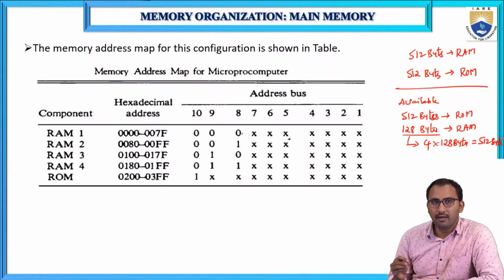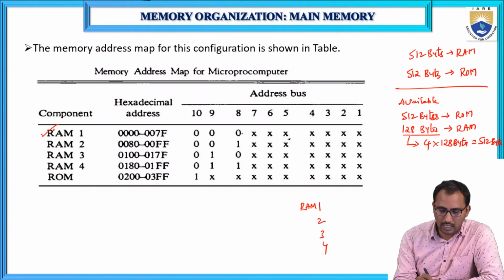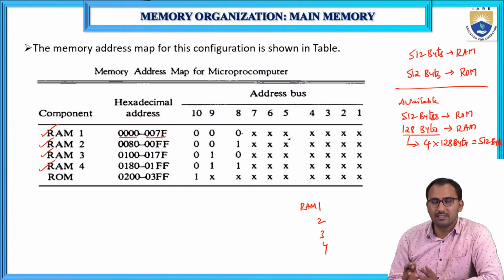So RAM 1, 2, 3, 4. What is the address range for the first RAM, RAM 1? 0000 to 007F, that is the hexadecimal address.